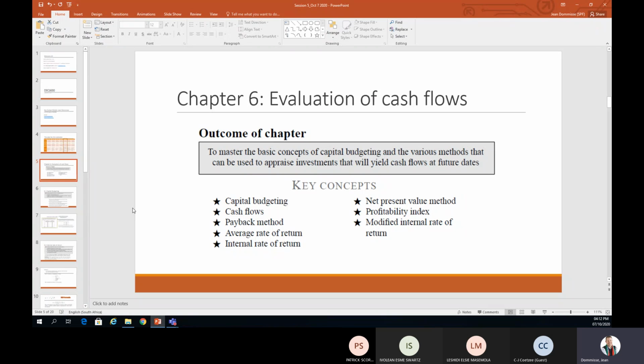So basically we're looking at the evaluation of cash flows, and in this chapter we're going to look at a few methods. So we're talking about the average rate of return method, the internal rate of return method, the net present value method, and the modified internal rate of return method, or the MIRR, how I like to call it.